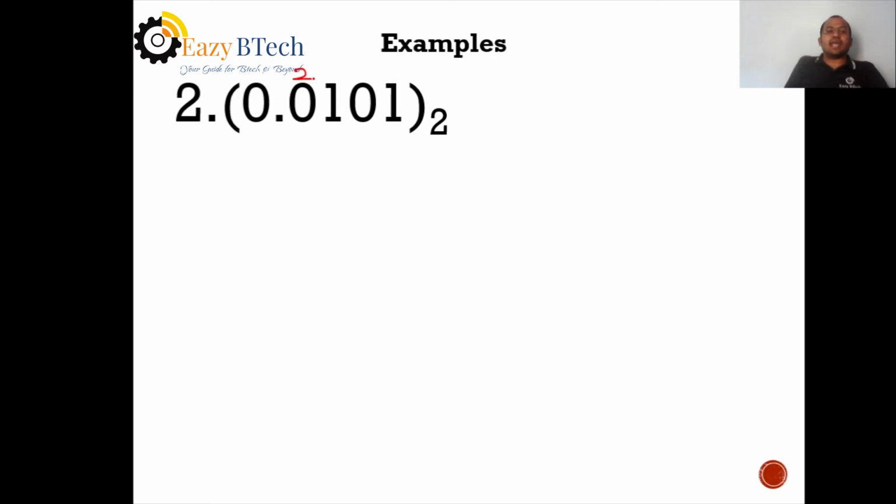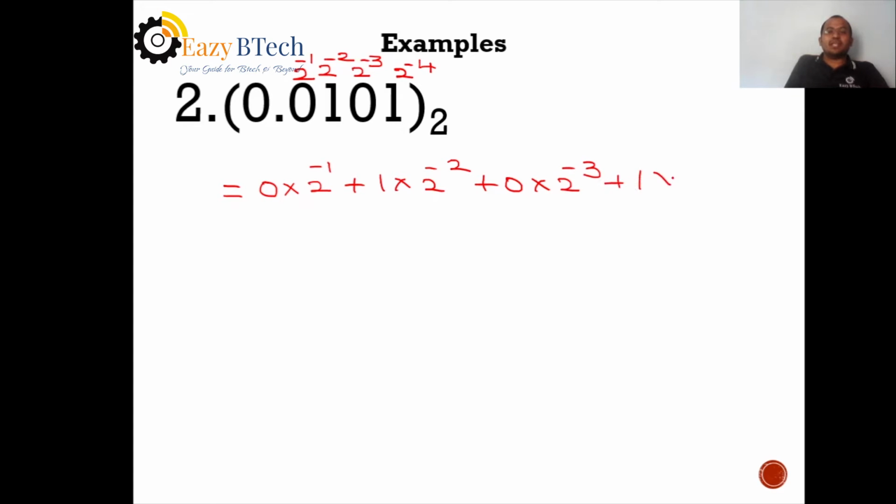So this will have weights of 2 power minus 1, 2 power minus 2, 2 power minus 3 and 2 power minus 4. After assigning the weights, we have to multiply with the respective bit value. So 0 into 2 power minus 1 plus 1 into 2 power minus 2 plus 0 into 2 power minus 3 plus 1 into 2 power minus 4.